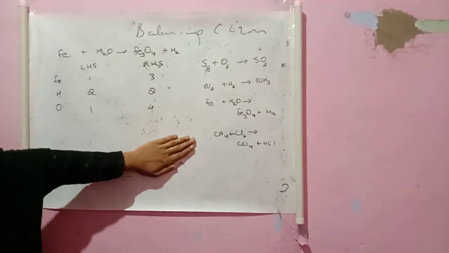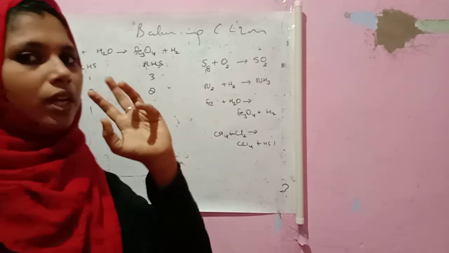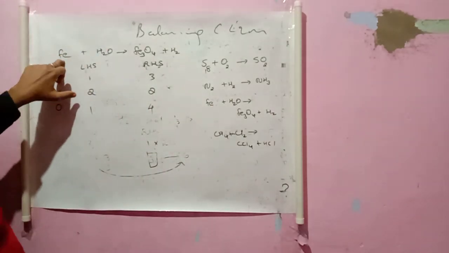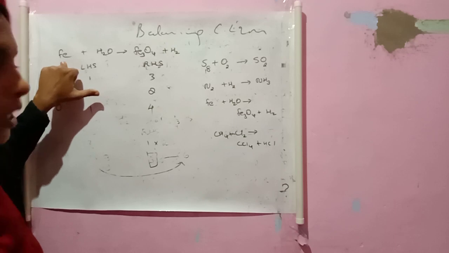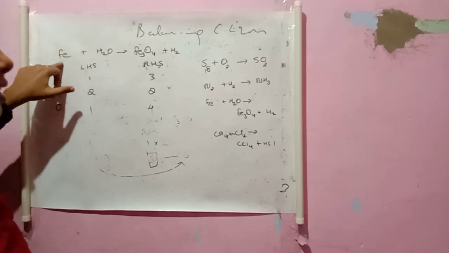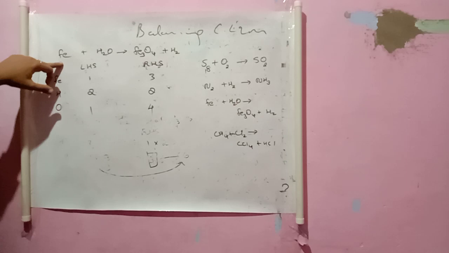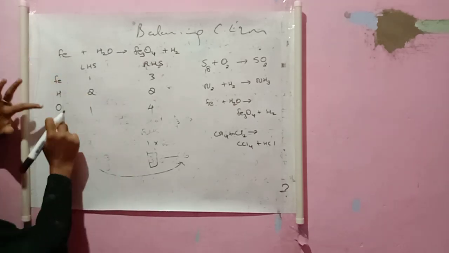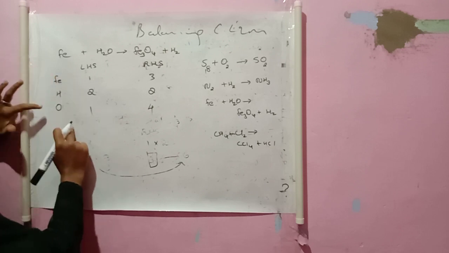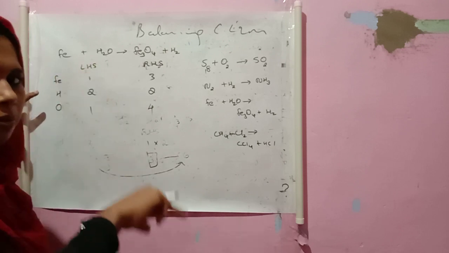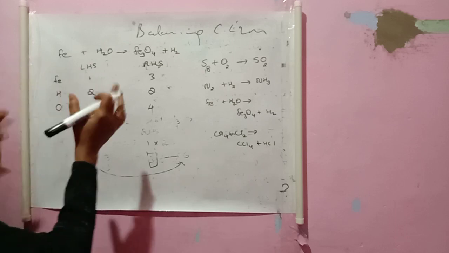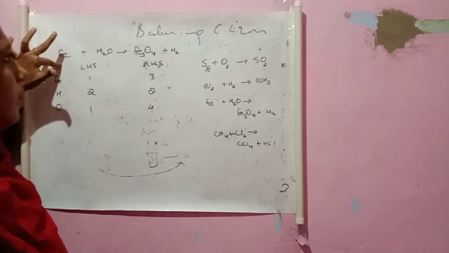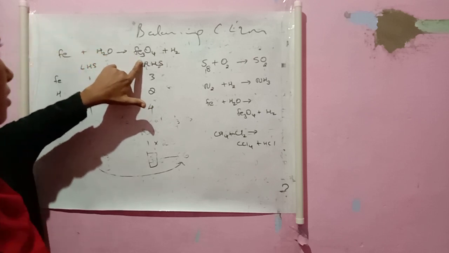To balance this equation, looking here, iron is in single form. On this side, iron is in elemental form, and we have to decide whether to balance iron or oxygen first. Here iron is single and on the other side iron is in compound state.